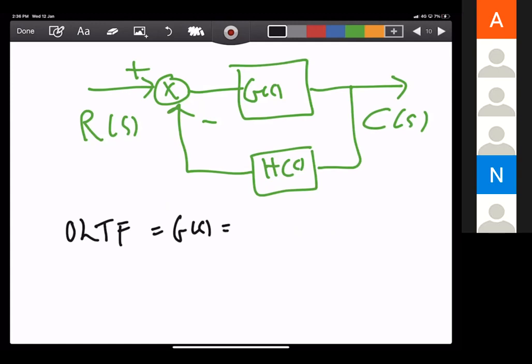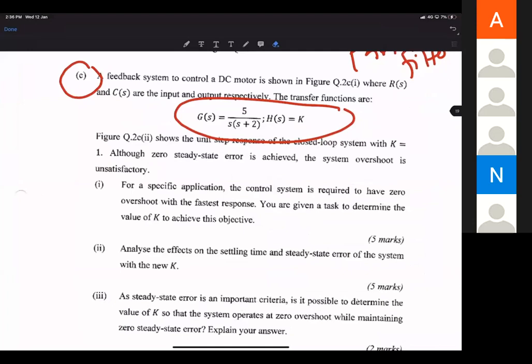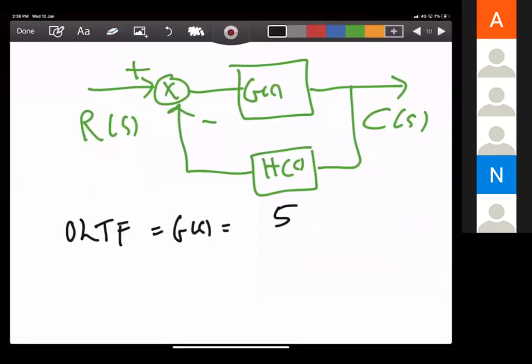GS is 5 over S plus 2. Okay. What is HS?